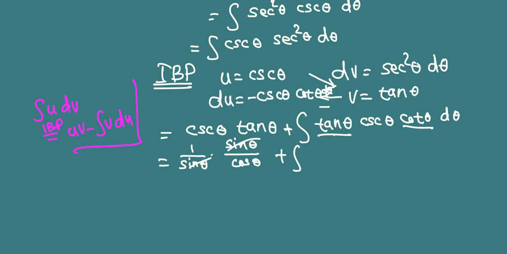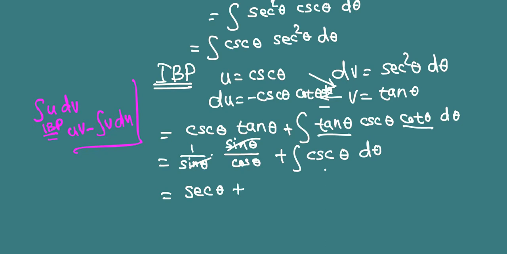Or you can go for sine over cosine, cosine over sine, they cancel. In any case, we are left with cosecant theta d theta, and the 1 over cosine, which is secant, plus now the antiderivative of cosecant.